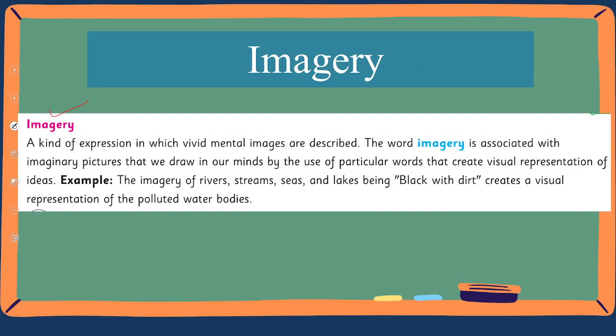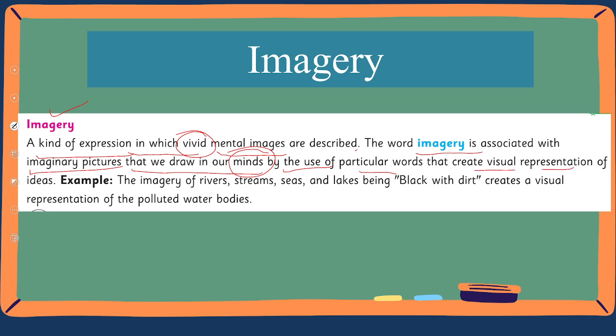So an imagery is a kind of expression in which vivid or very clear mental images are described. The word imagery is associated with imaginary pictures that we draw in our minds by the use of particular words that create visual representation of ideas.